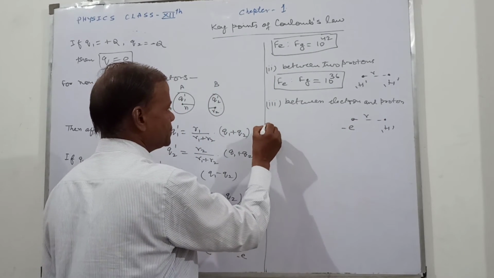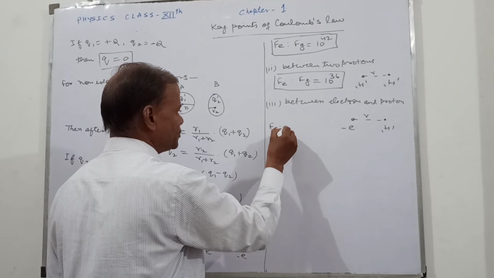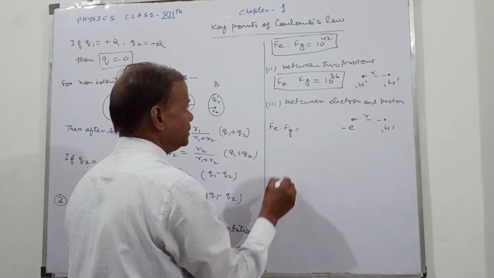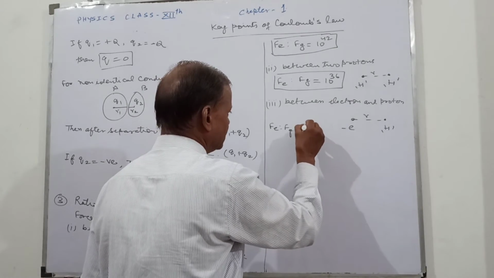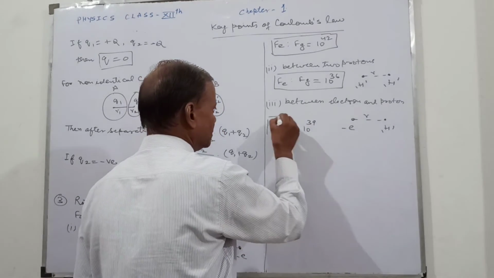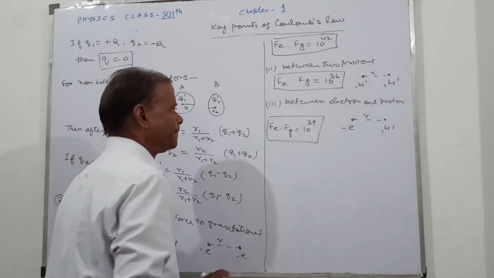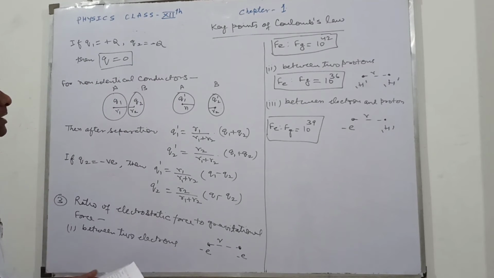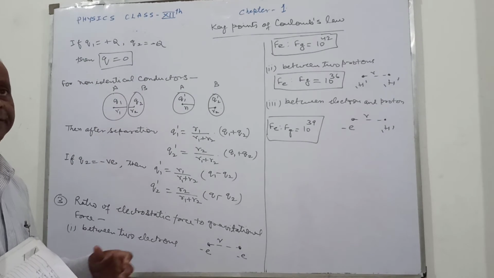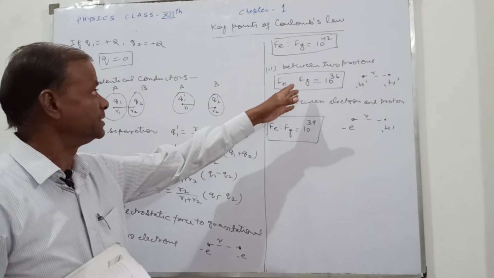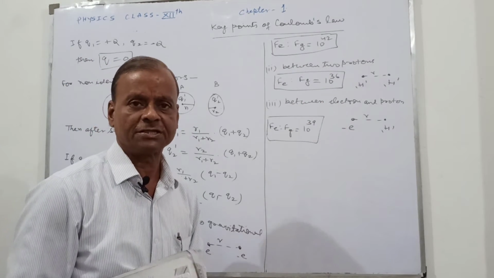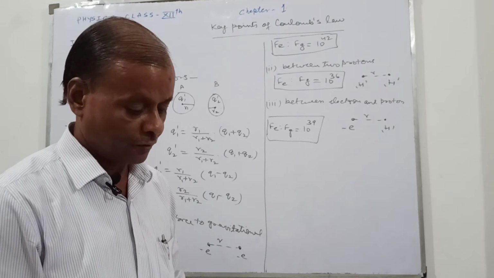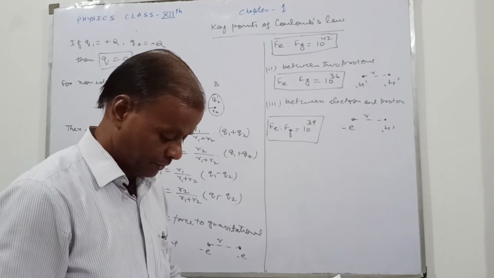In this case, this Fe ratio Fg is approximately 10 raised to the power 39. So this is direct. If you find by calculation, then you can do it, because masses and the charges of the electron and proton are known to us.